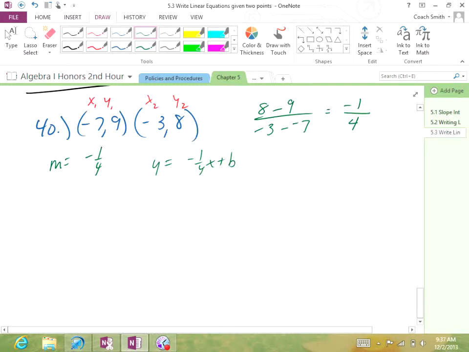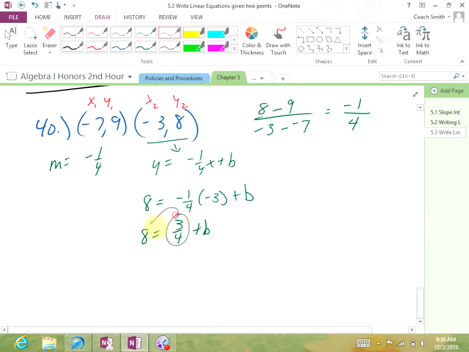Now this one is not going to matter. You got negatives in both of them, so I'll just use this point here. So that gives me 8 is equal to -1/4 times -3 plus b. And that gives me what? -3/4, actually +3/4. 8 is equal to 3/4 plus b.